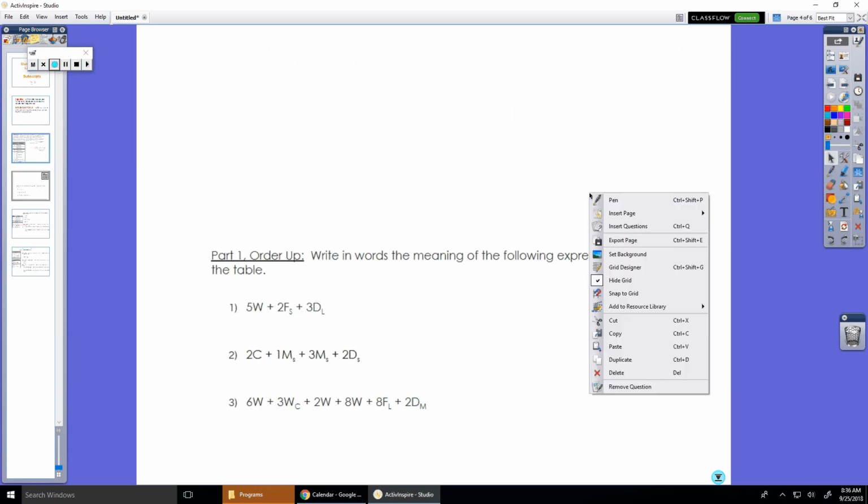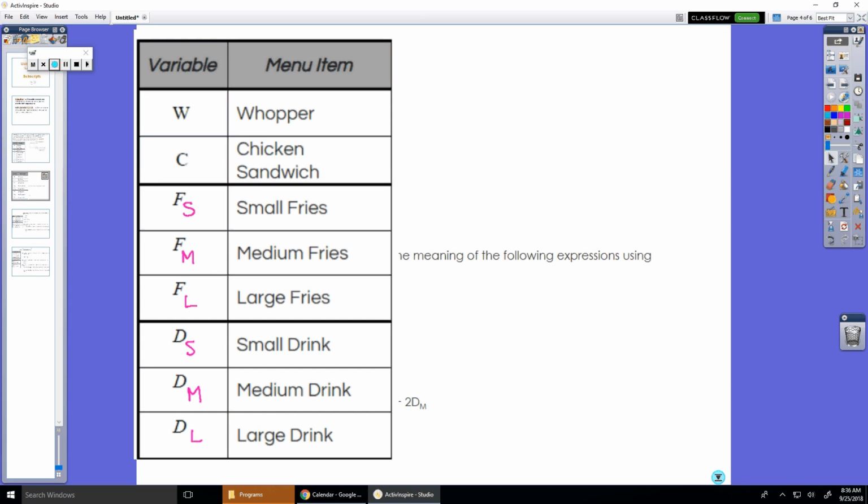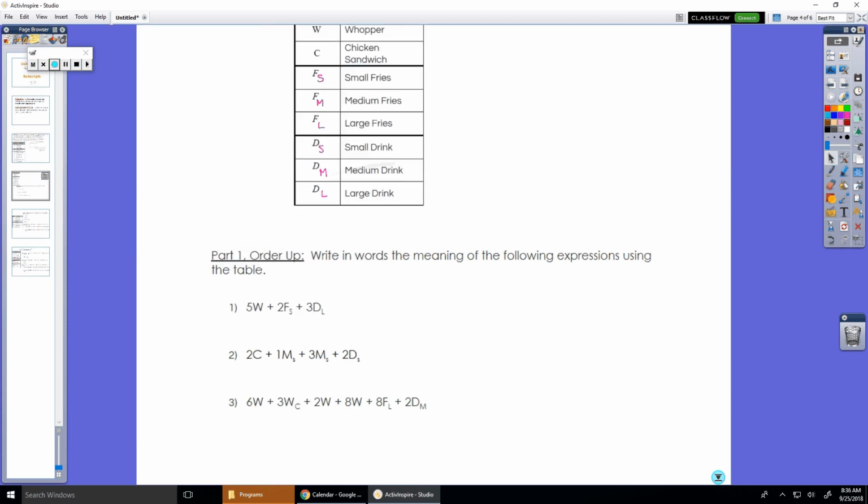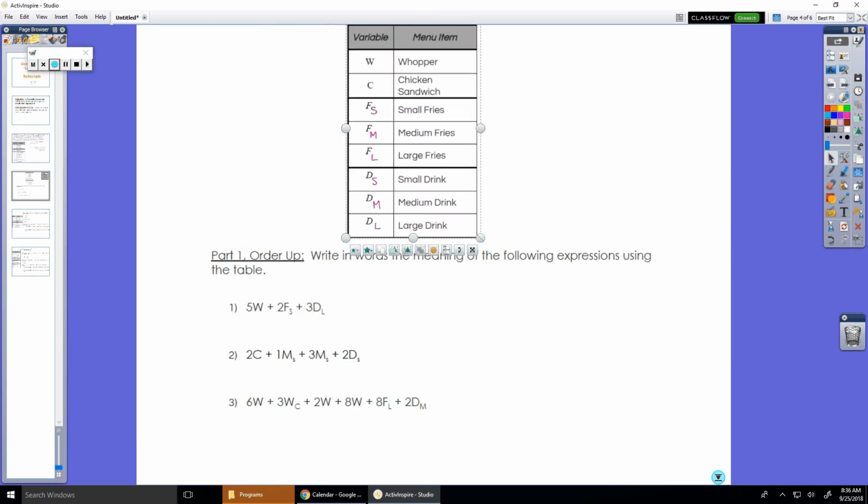So part 1, order up. I'm going to bring our menu items, make them a little bit small for me here. All right, write in words the meaning of the following expression using the table. So you're really just going to look at what's here, and I'll do the first one with you.